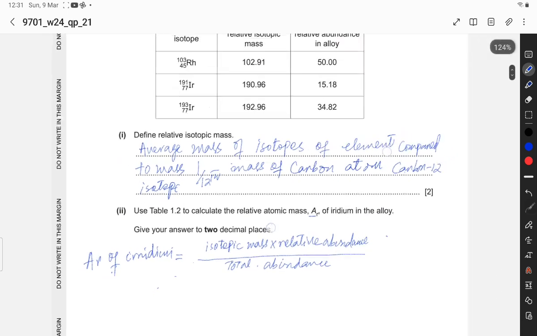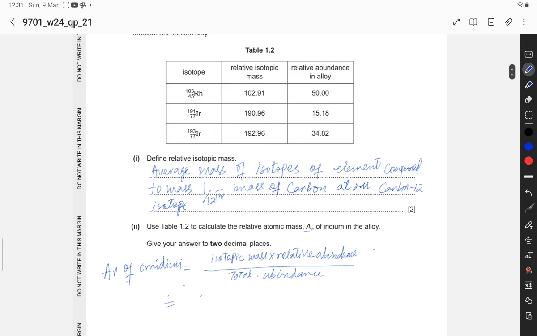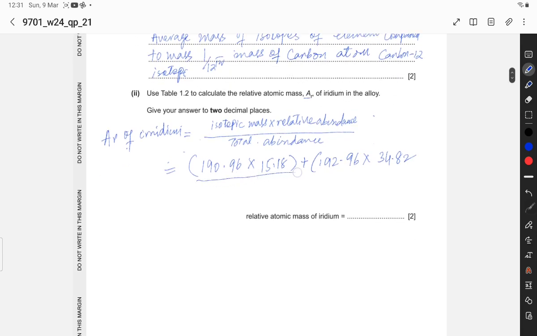So we have 190.96 into relative abundance 15.18 plus 192.96 into relative abundance 34.82, and if we add these two abundances we get 50. So the answer is 50.00. The answer is 192.35.